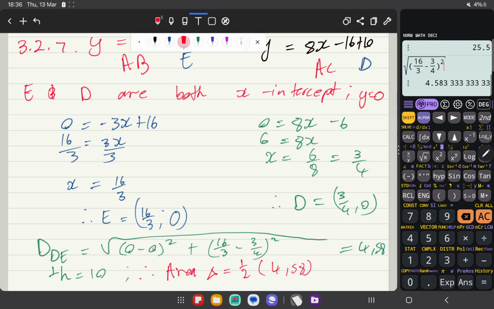Guys, write the formula before you do the substitution, because I'm running out of space. Then the answer is 0.5 times 4.58 times 10, which is 22.9. Okay, we're done.